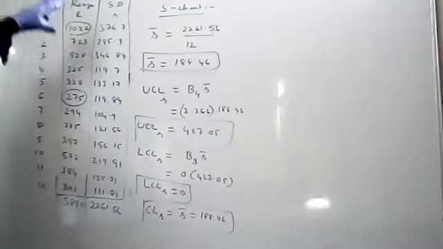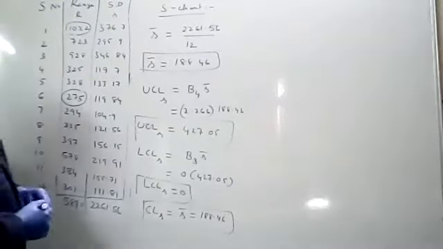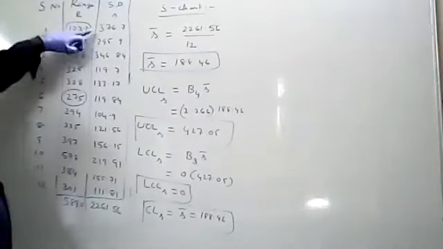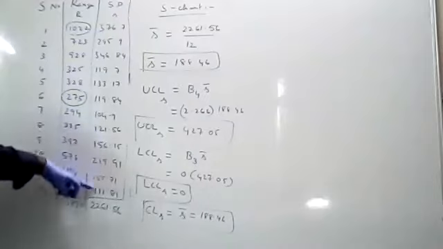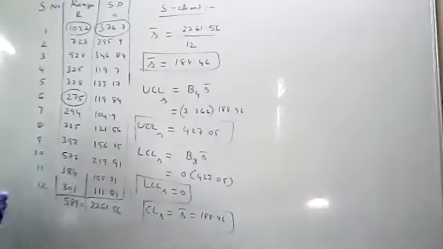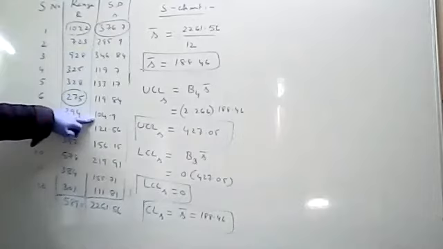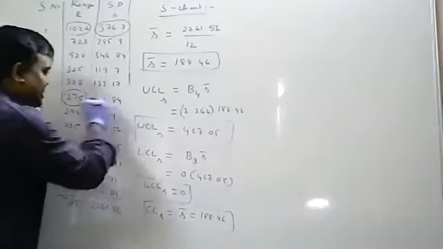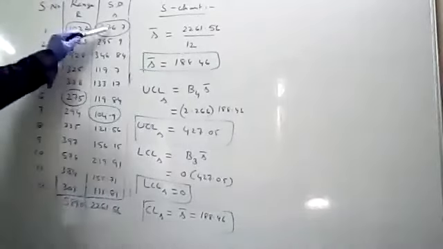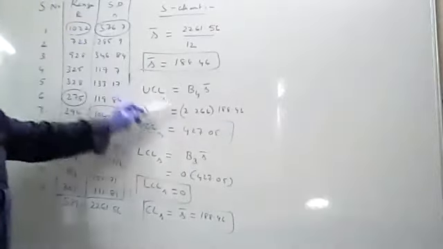Next, you have to construct the S chart. In the S chart, identify the highest value. The highest value is 376.7. Then the least value is 104.9. The highest value should be compared with UCL: this is 376, this is 427.